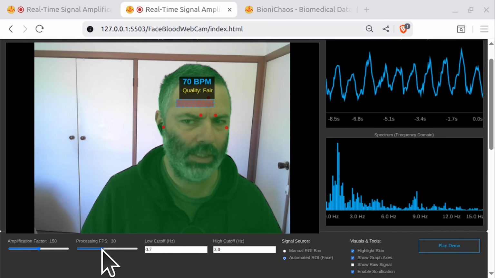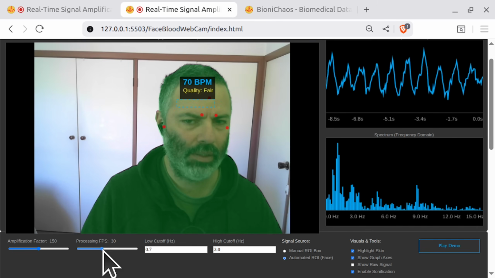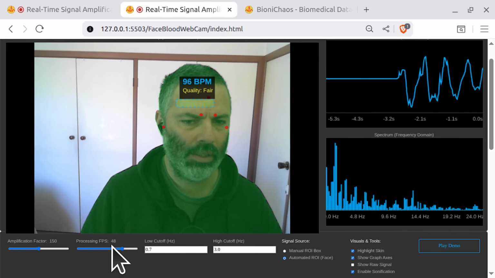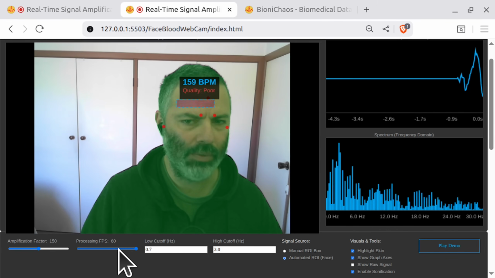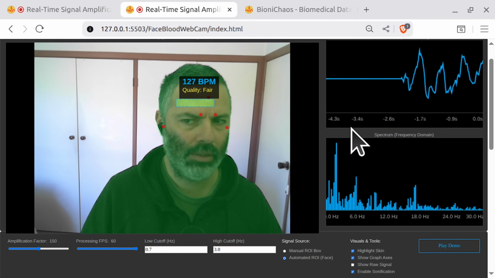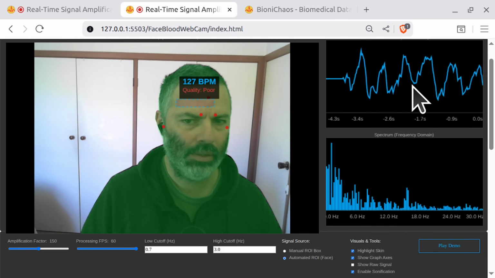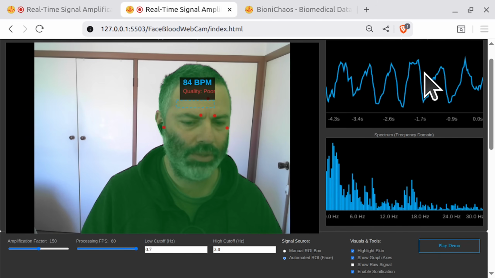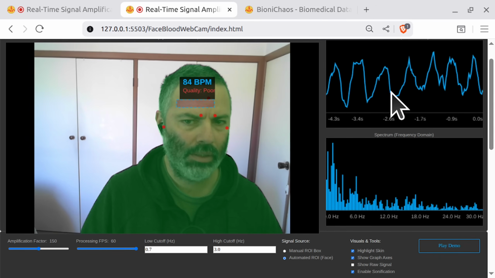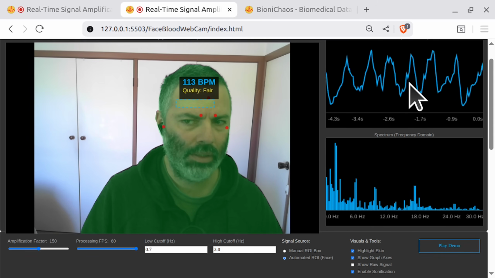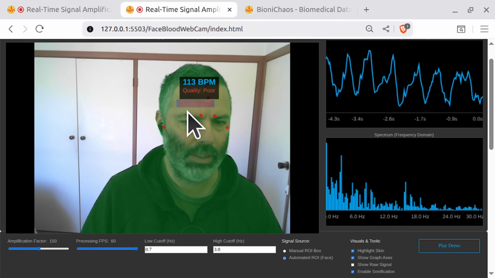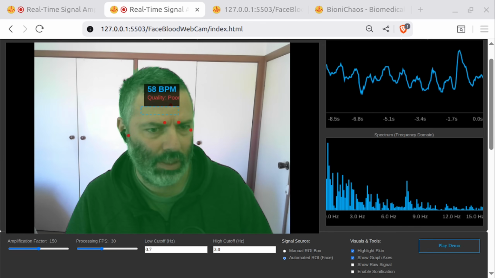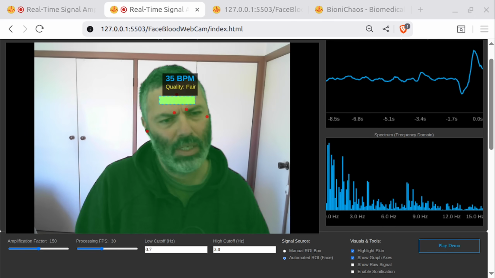The other thing is that now that it's 70, when we change the FPS, I should be able to go all the way up to 60. The signal is there. Pretty sure that's my blood fluctuation, whatever, but the metric is incorrect. Yeah, there's some mistakes.